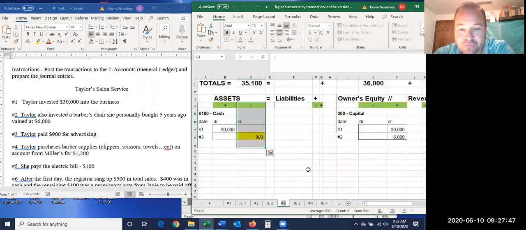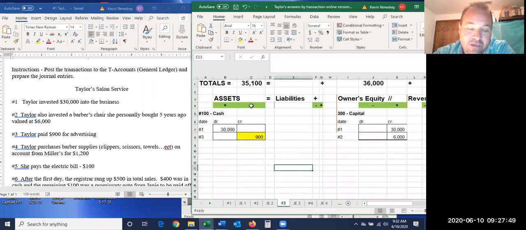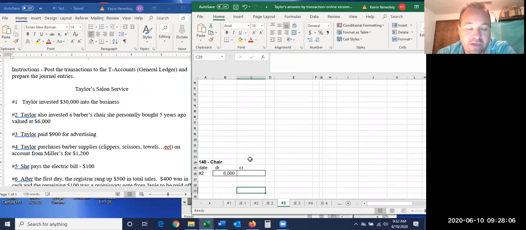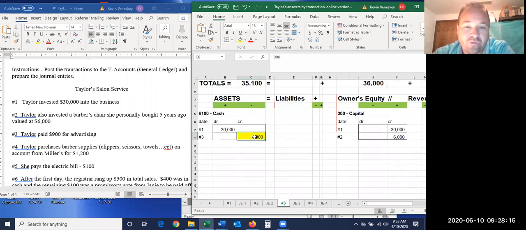Now, there is one thing I wanted to draw your attention to, and that's in the accounting equation. Notice that this brought our assets down by $900, because I keep a running total at the top. You see this and think, well, these two together don't equal 35.1. That's because you're forgetting the equipment down here. I put a lot of space in here so we would remember that it is at the bottom. So this decreased our equation by 900.